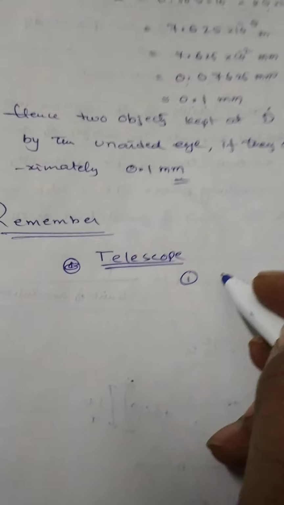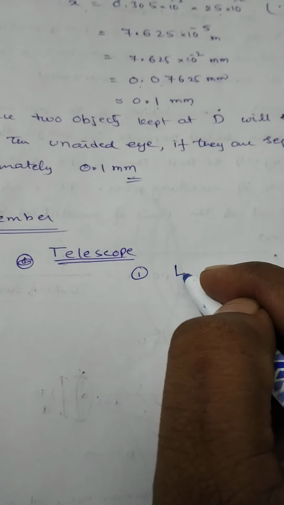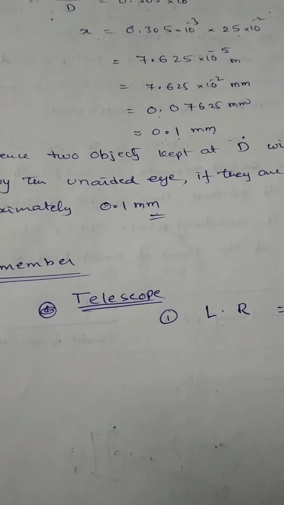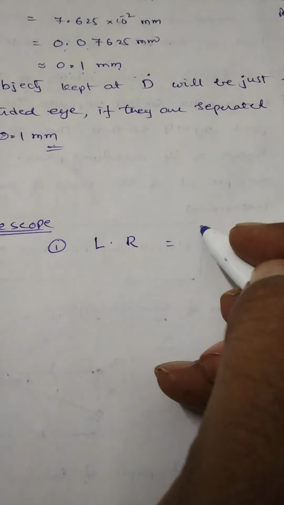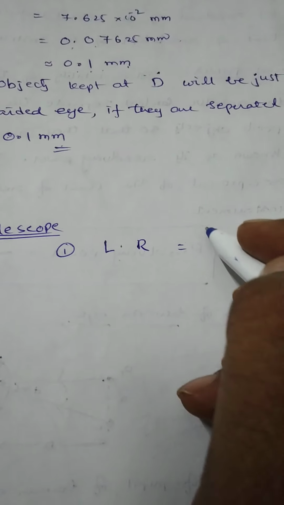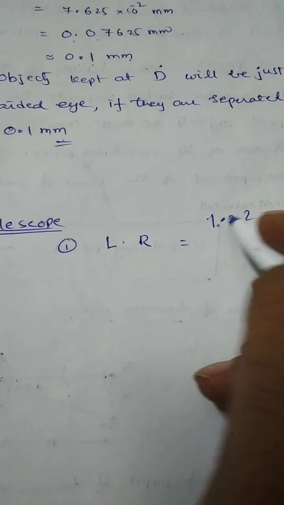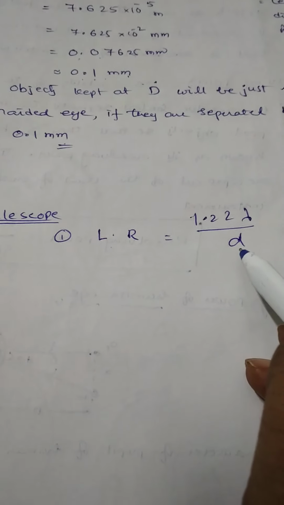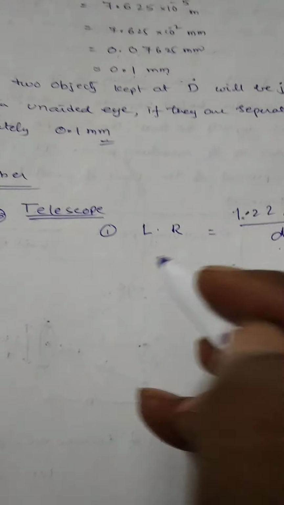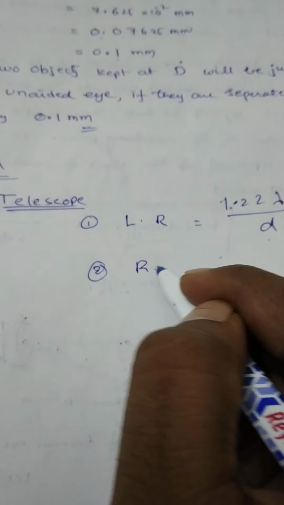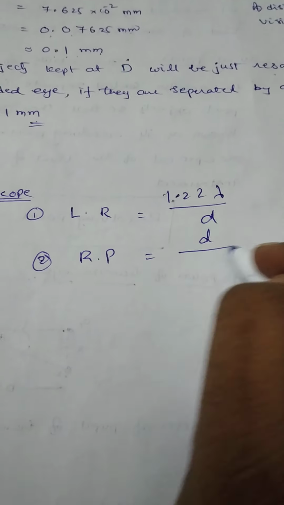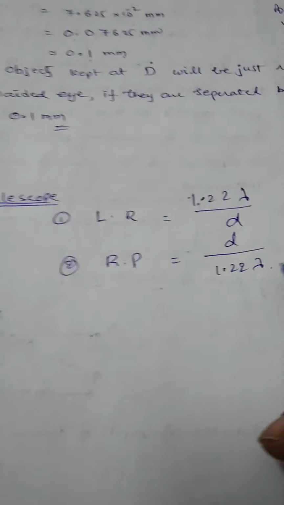Remember these formulas. For a telescope, the limit of resolution is 1.22 lambda by d, where d is the diameter of the aperture of the objective. The resolving power of the telescope is the reciprocal, d by 1.22 lambda.